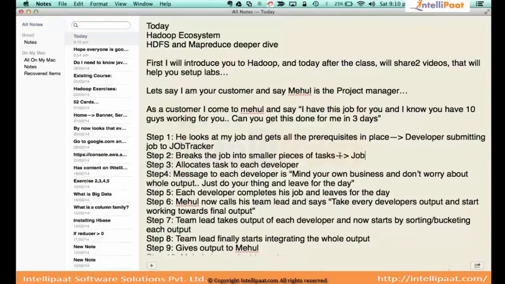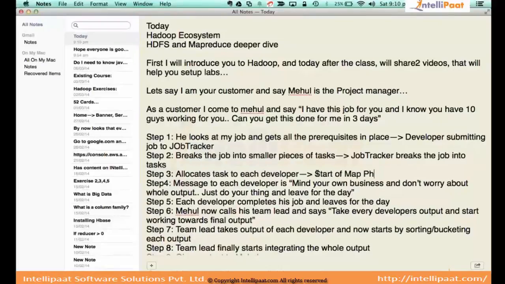The job tracker breaks the job and allocates tasks to each developer. That is the start of the map phase, where every guy is given his task. Every developer is focusing on his job. After every developer is done, that is the end of the map phase.